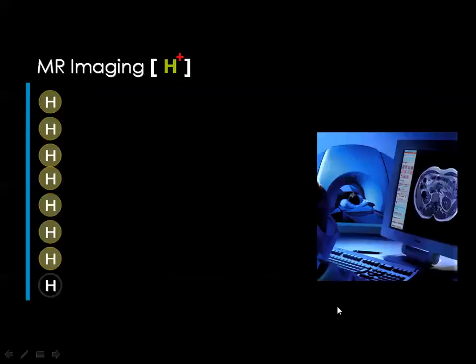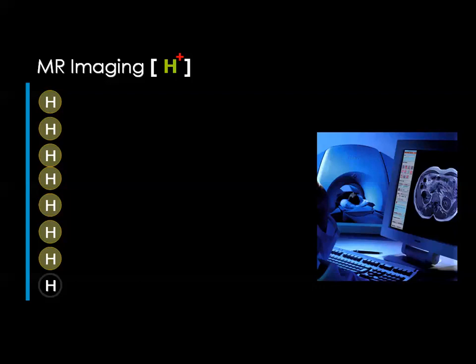Then what happens if you put a small magnet in the field of a large powerful magnet? Then you know that the small magnet will have the direction of the large magnet.